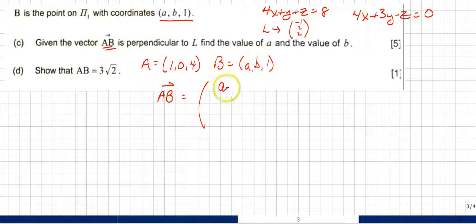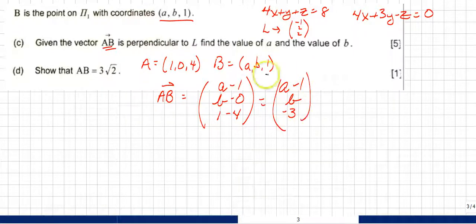So a minus 1, b minus 0, and 1 minus 4. So that vector is (a-1, b, -3). There's vector AB, and it's perpendicular to that line L. Well, line L's direction vector from previous parts was (-1, 2, 2).